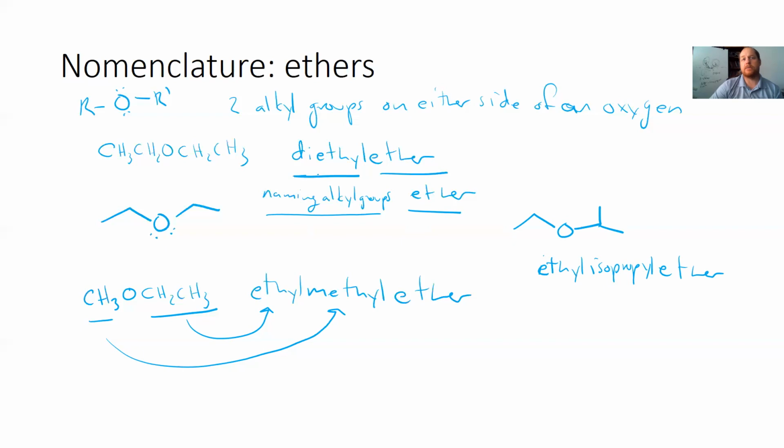And if you have two alkyl groups, you'll just add the di to it and say, diethyl, for example, or diisopropyl, or dimethyl ether. On this one, you're only going to have two things ever bonded to oxygen, so you only have to take into account those two sides of the oxygen. So there are ethers.